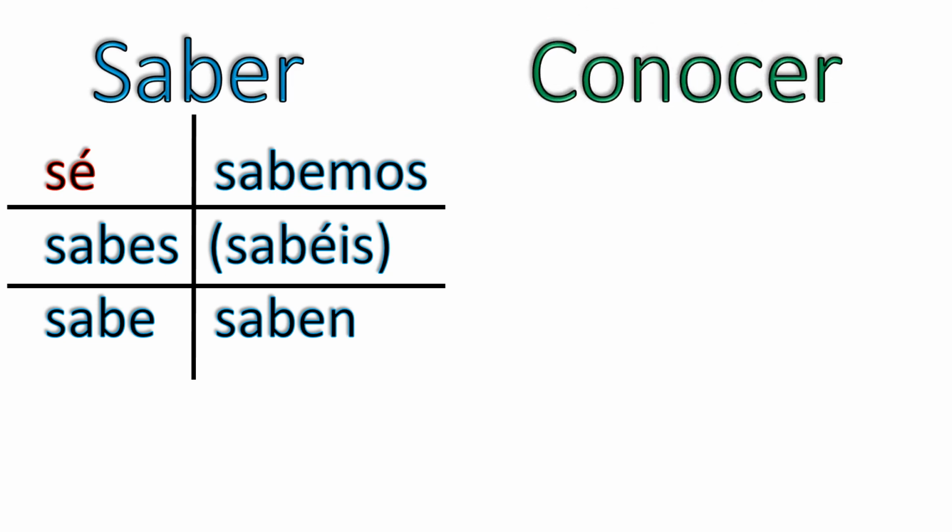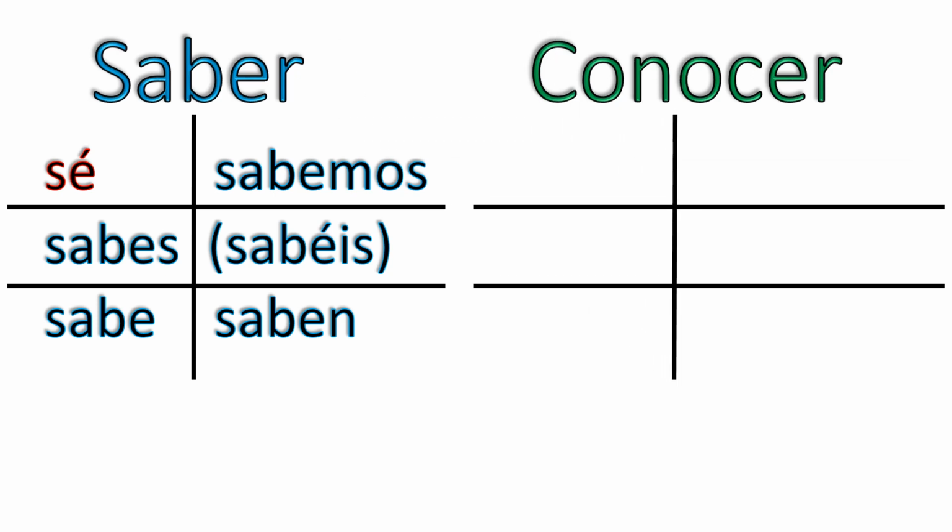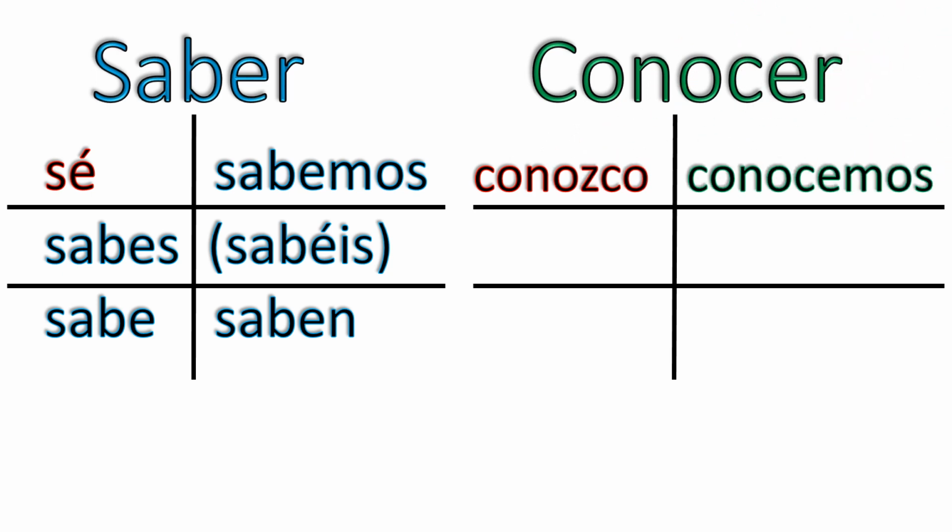Conocer follows the same pattern. It's a completely regular ER verb, except for the yo form, which is yo conozco. And I believe that's because, in part at least, if we were to try to conjugate conocer normally, you would drop the er and add an o, and you would end up with yo conoco. But that doesn't fit with the pronunciation.